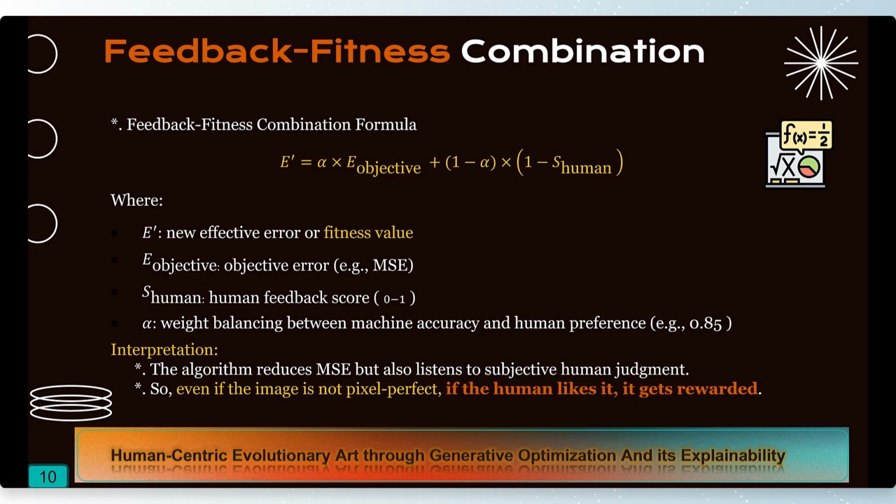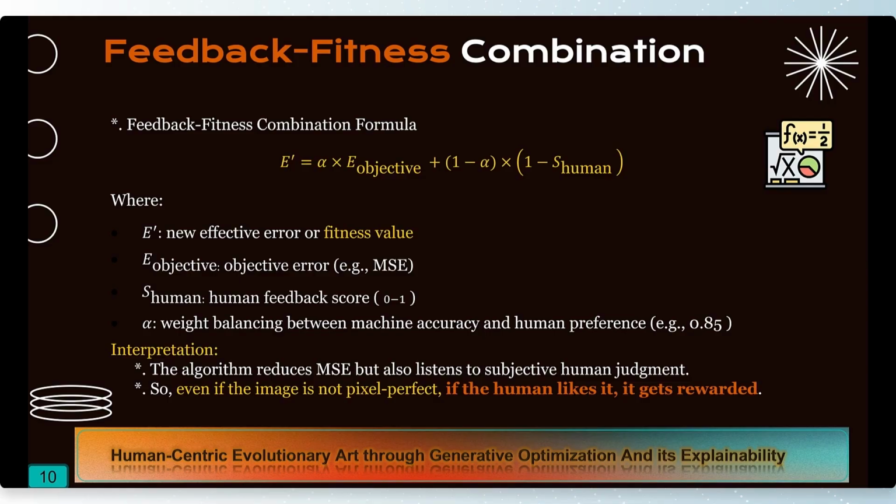This is the feedback fitness combination formula: alpha multiplied by E objective plus 1 minus alpha multiplied by 1 minus human. We are looking for the new effective error or fitness value. E objective is our objective error, like MSE. Human is the human feedback score between 0 and 1.